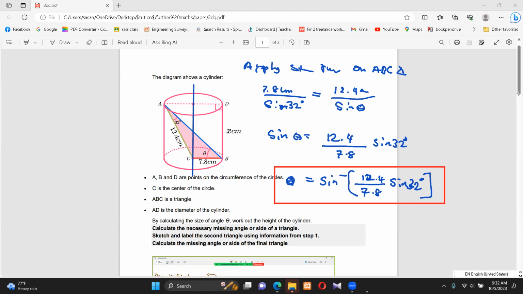If I want only two significant figures, then you have to pay attention to the third decimal. Theta equals 57.4 degrees, right?